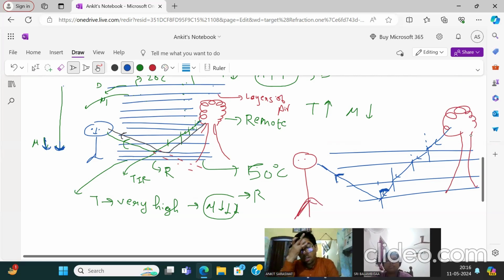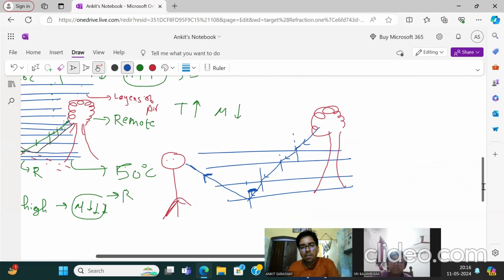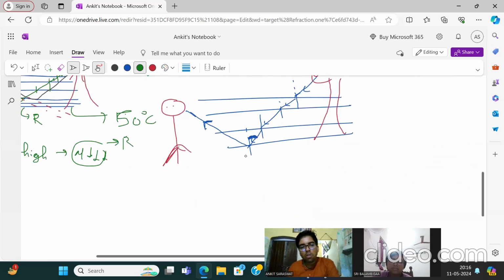Then what will this person think? He will trace those rays back, and he will see an inverted image of this tree. This is known as mirage.